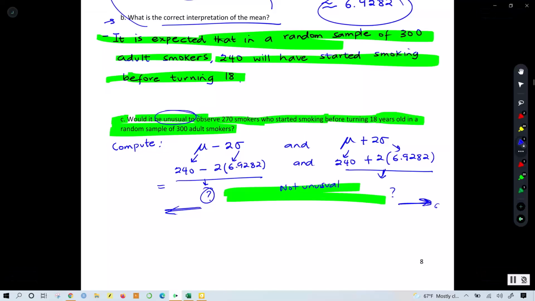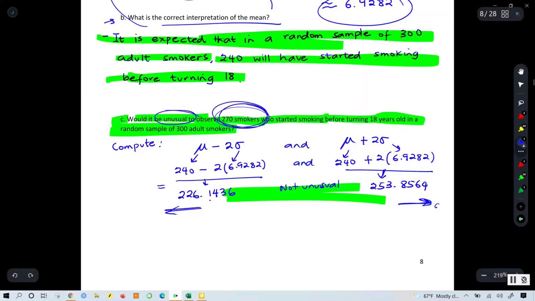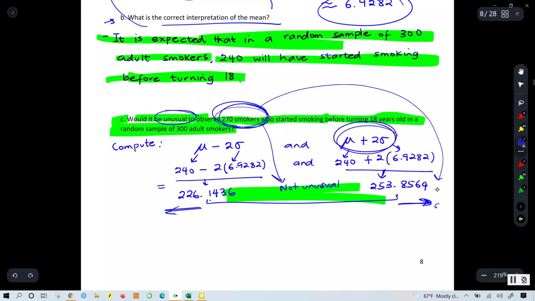So let's calculate these values. The lower value is about 226.1436, and the upper value here is 253.8564. So here's the question. This 270, does it fall in the not unusual range, that is, between these two values? No. It is greater than mean plus 2 standard deviations.